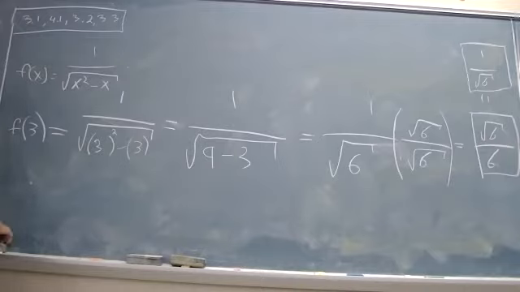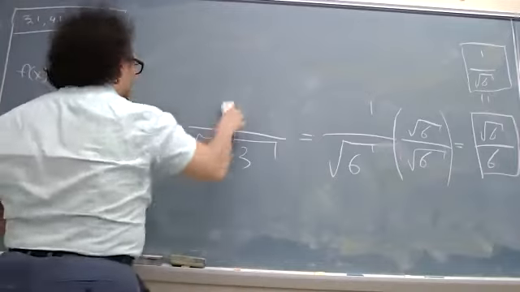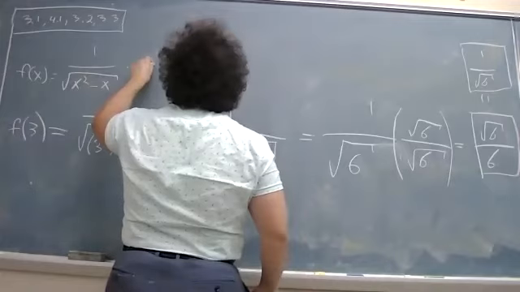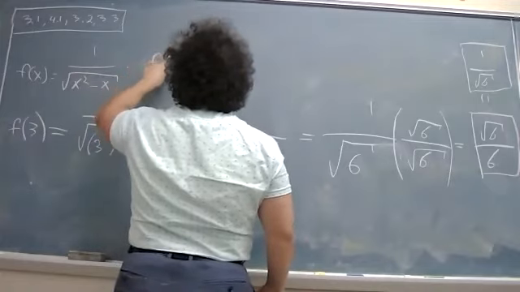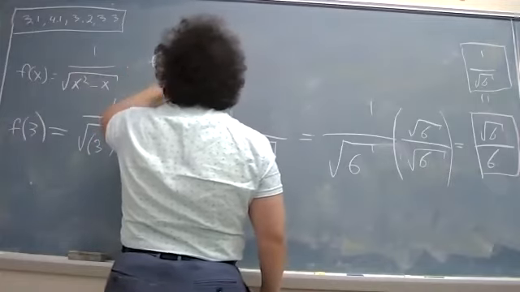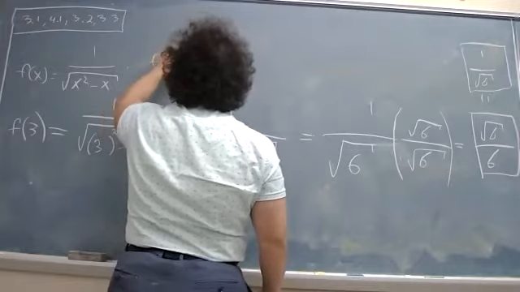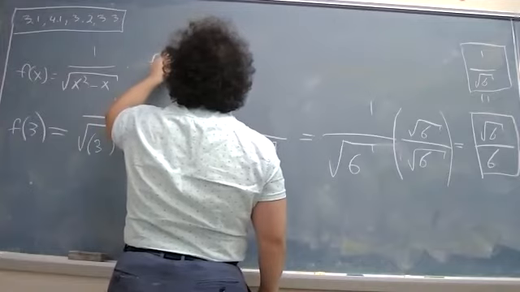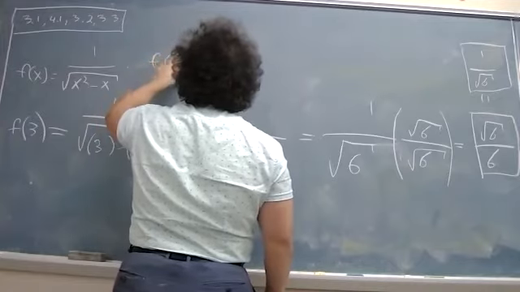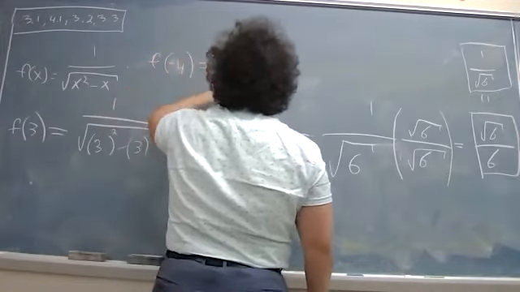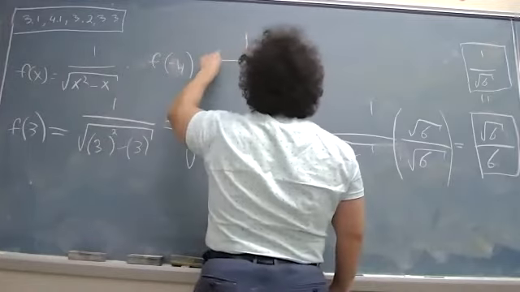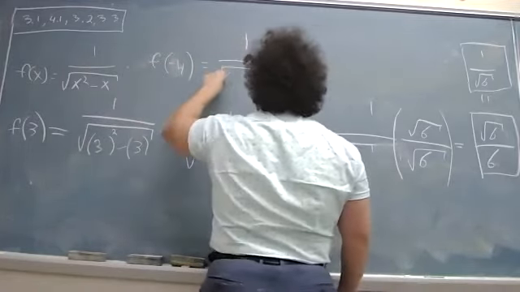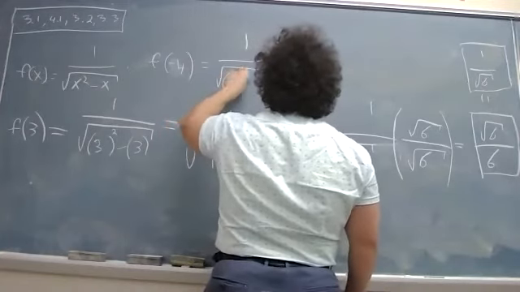So what would be the f of 2? Oh, actually, let's do f of negative 4. That would be 1 over the square root of, let's carve out the pieces.